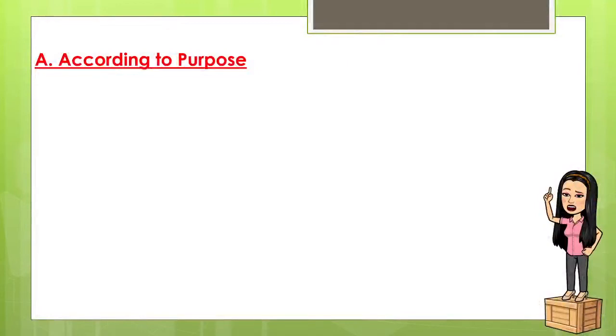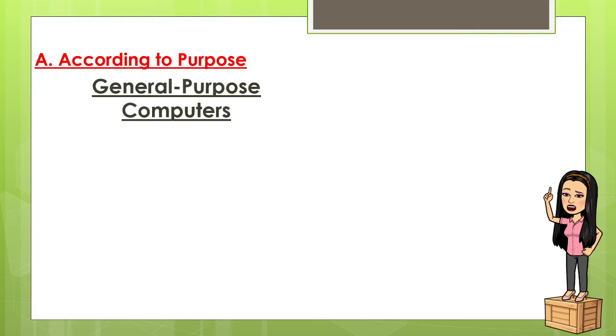So, to continue, let's discuss according to purpose. Based on its application, different computers are designed for a different purpose so that they can perform their tasks according to their capabilities. The first one is general purpose computers.